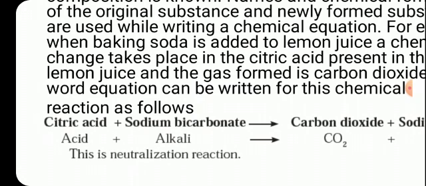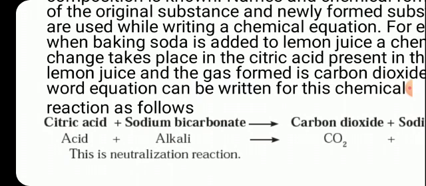The substances which are written on the left hand side of the arrow are called reactants. So what are the names of the reactants here? Citric acid and sodium bicarbonate or baking soda. And the new substances which are formed as a result of reaction are called products, and the products are written on the right side of the arrow.